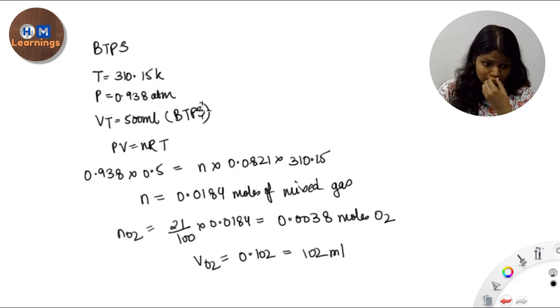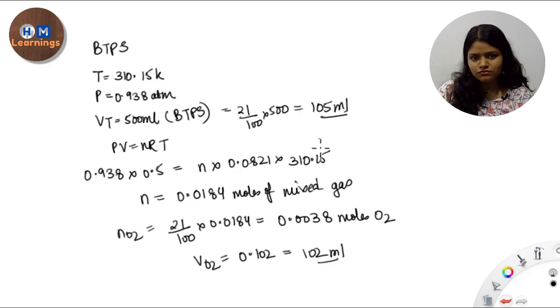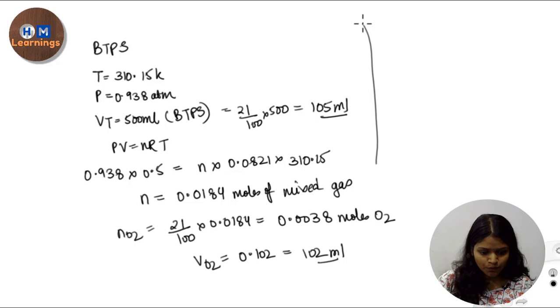If you calculate 21% of this 500 ml, you get 105 ml. So these values are near. This means that in 500 ml of air at BTPS, about 100 ml is basically oxygen, which has 0.0038 moles of oxygen. This is very interesting to know.